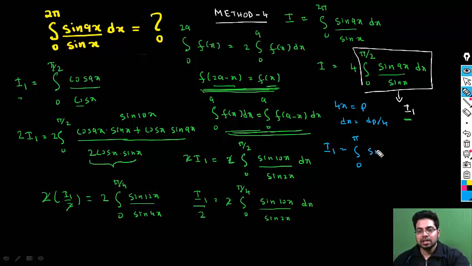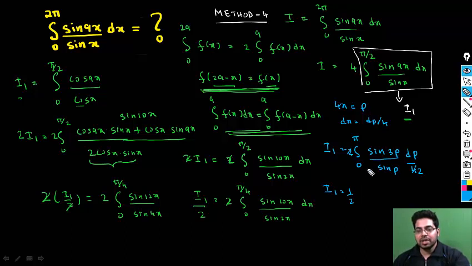Here I will get sine 3p by sine p, and dp by 4, and here this 2 was there, so this 2 will cancel this. So I am going to take half outside, I1 is equal to half, integral of sine 3p by sine p.